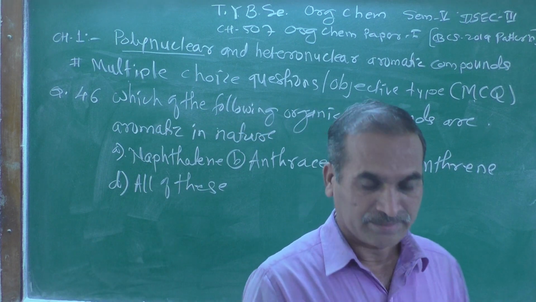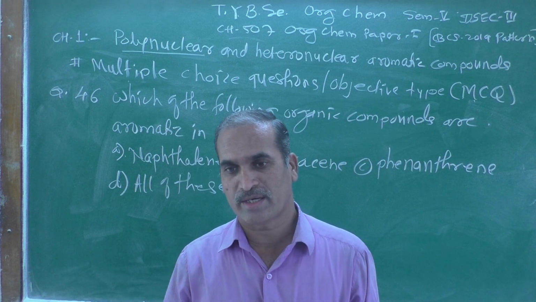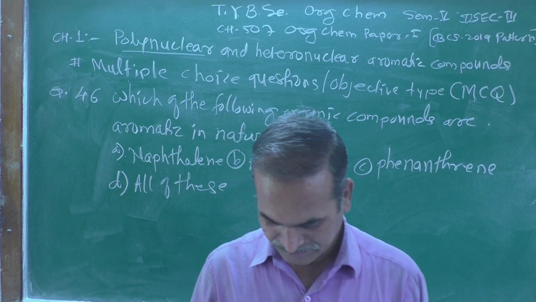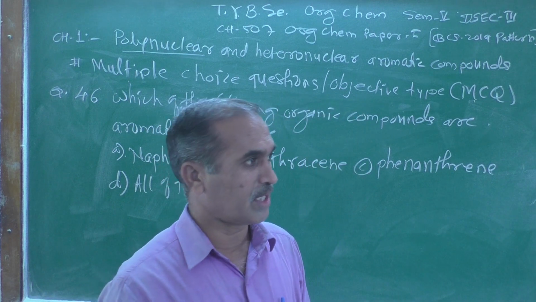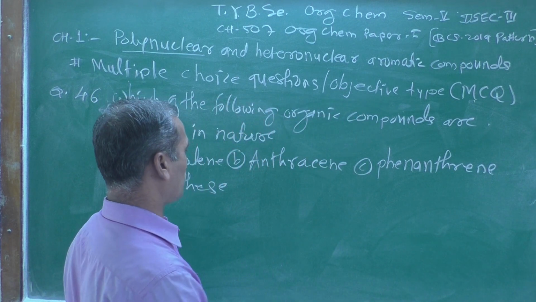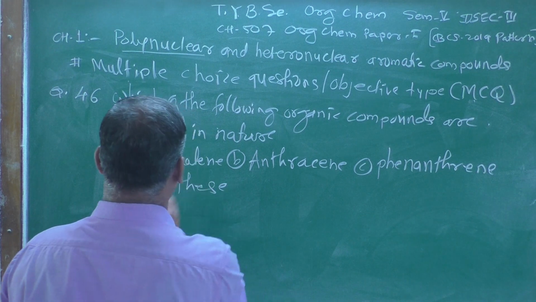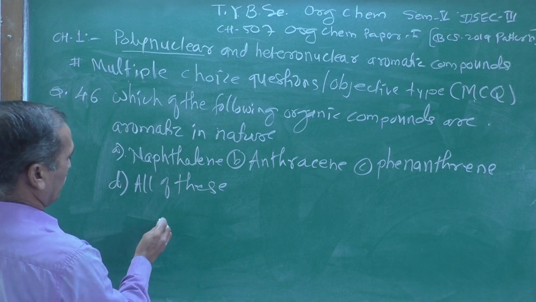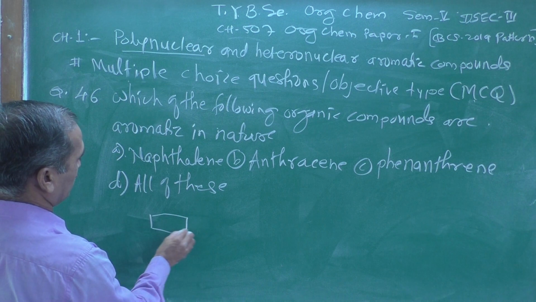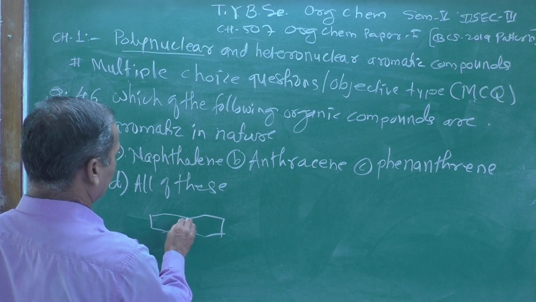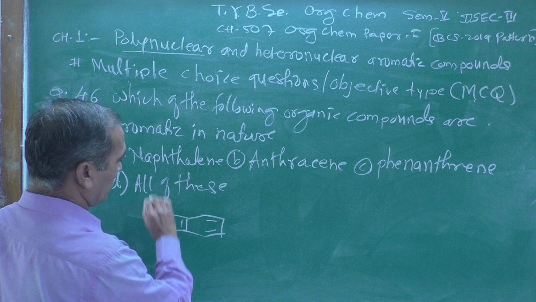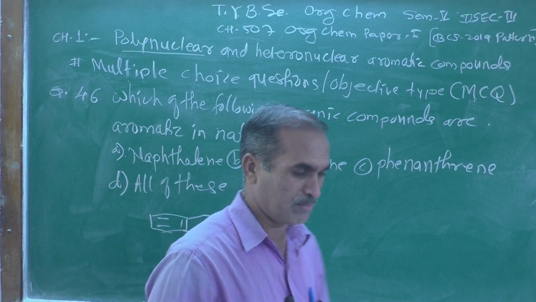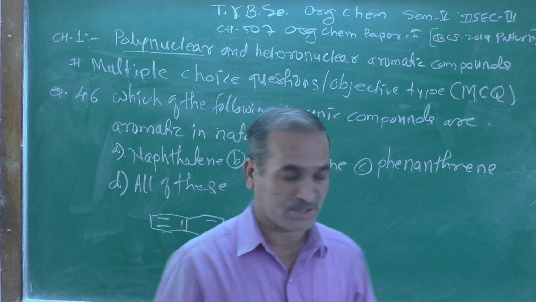Remember, we know that aromaticity of an organic compound means obeying Huckel's rule. Here, naphthalene, as we know, has this structure: alternate carbon-carbon double bonds, a fully conjugated and planar structure.